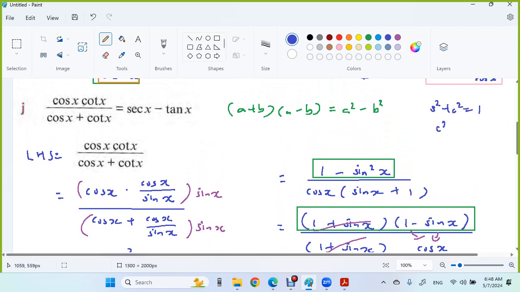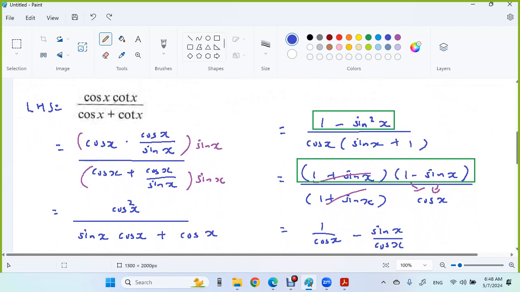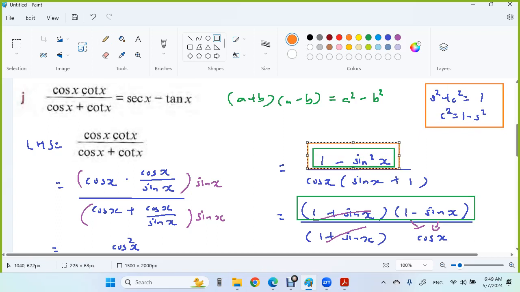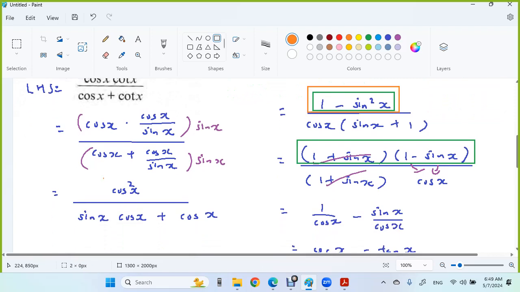Then cos square is 1 minus sine square. So we have the 1 minus sine square, that is the cos square.